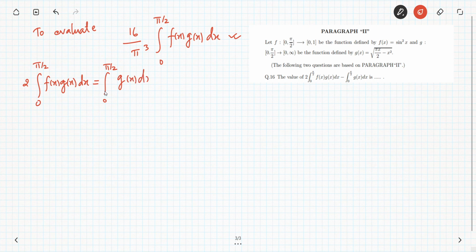Okay, so using this in place of f x g x I can write 16 by pi cube into 1 by 2, this 2 will come here, and 0 to pi by 2 g of x dx. Okay, that means this integral is same as evaluating this integral.